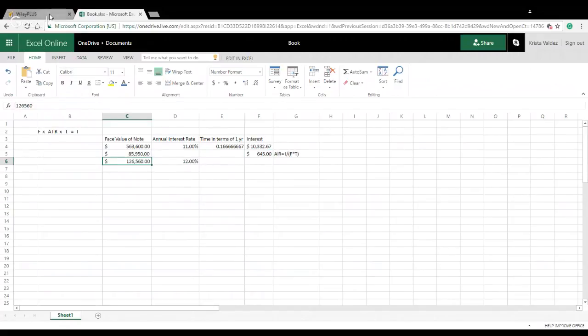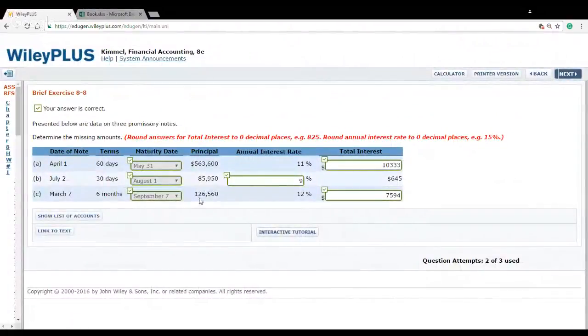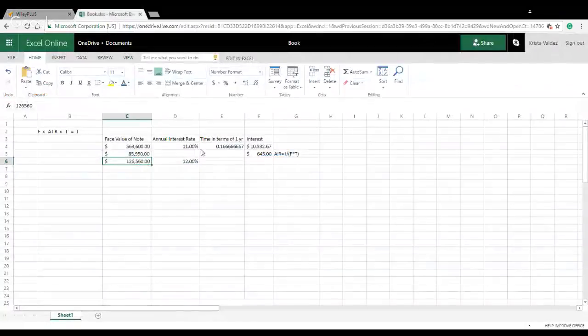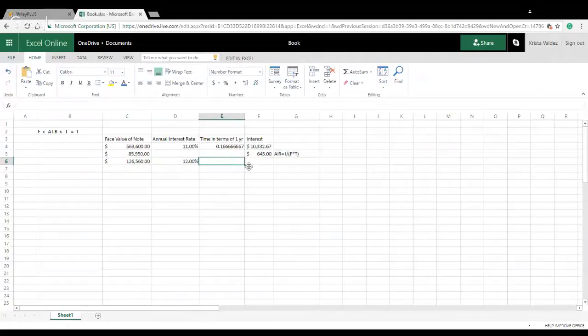Over here, let's go back. So we have $126,560. We have a 12% annual interest rate, and it says here that the terms are 6 months. So when you're doing months, you don't divide by days, you just divide by months.